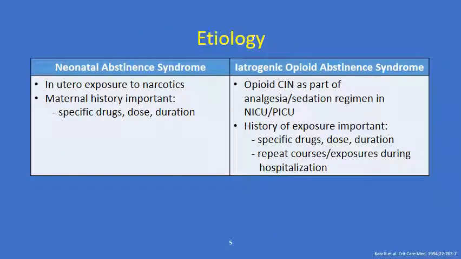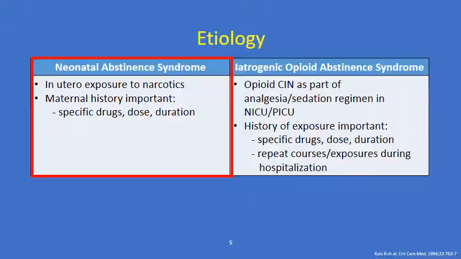So first, it's important to compare and contrast the etiology with NAS and IOAS. So when we specifically talk about NAS, it is really the in utero exposure to narcotics. So it's our babies when they're born, if they were exposed to opioids in utero. And so one of the things that's really important to think about when the baby is born is what was mom's history? What drugs was she on?